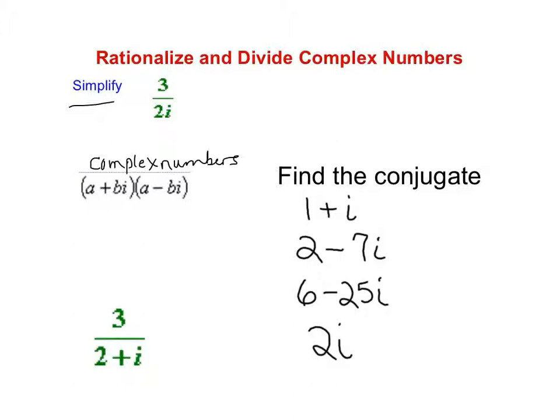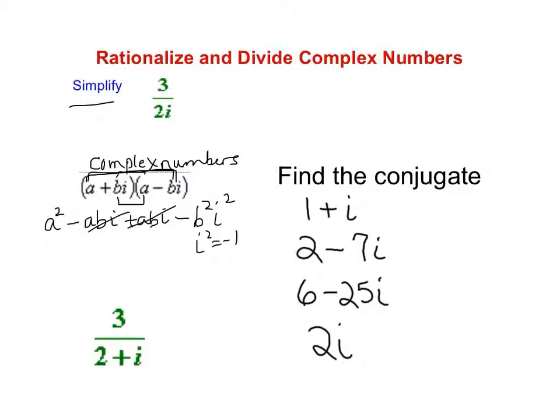So if I multiply those together, a times a is a squared, and then minus abi, and then plus abi, so those are going to cancel. And then I have b times b, which is minus b squared i squared. So minus b squared i squared. Well, we know that i squared is what? i squared is negative 1.